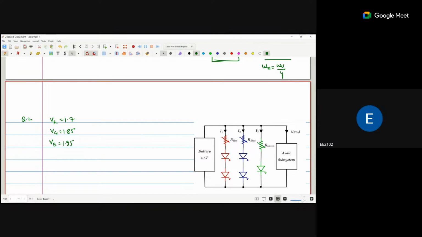Sorry, green is 1.85 and blue is 1.95. Okay, and the currents: I1 is 2, I2 is 1.8, and I3 is 3.2 milliamp.